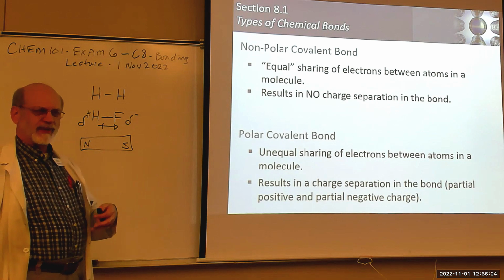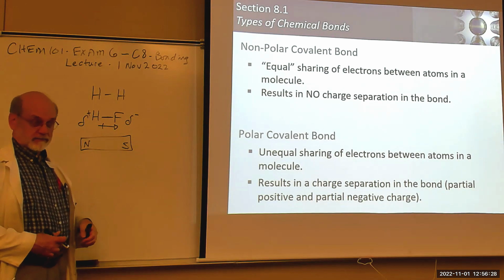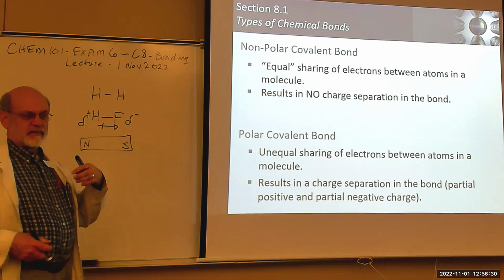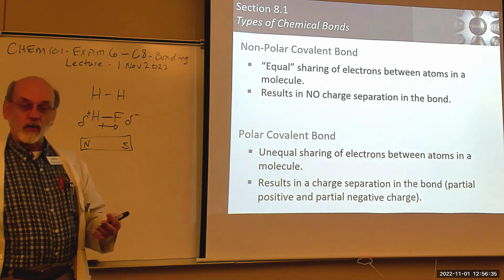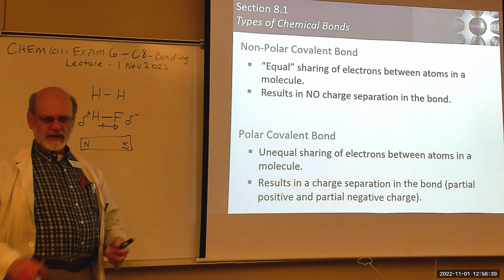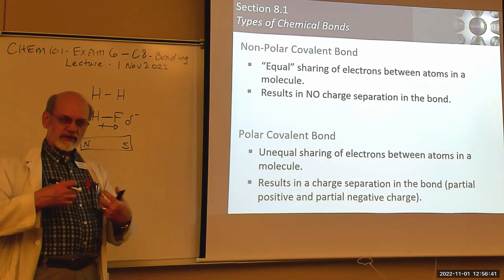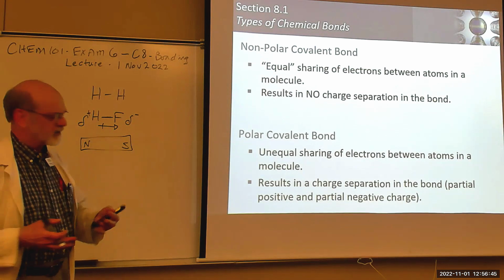So what are the implications of that polarity? Well, you can see it in things like melting point or boiling point. For nonpolar molecules, the boiling point is very low. Since you don't have a separation of charges, you don't have any electrostatics to deal with in a significant amount.